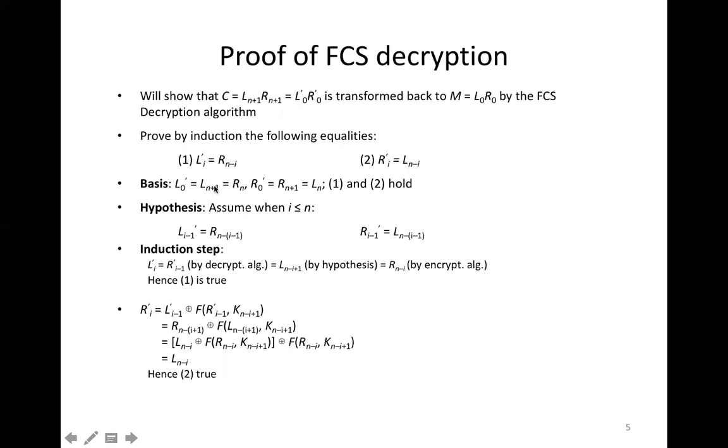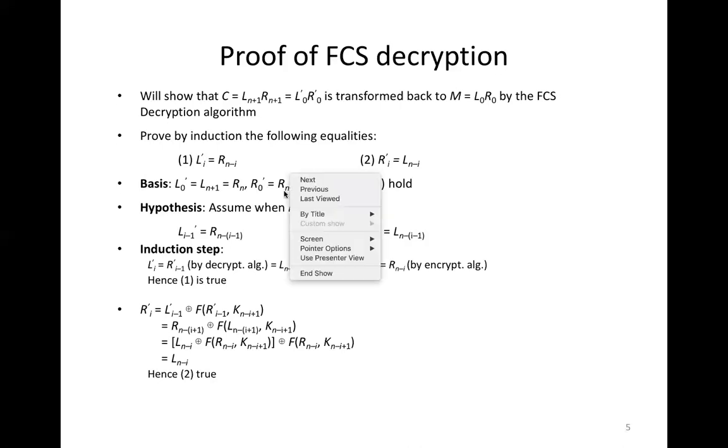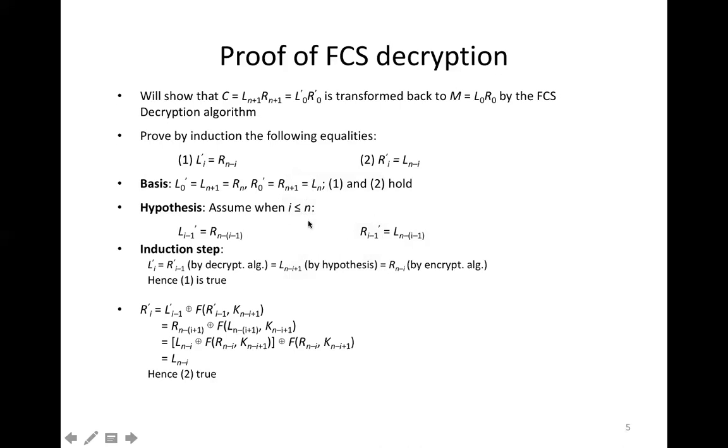Remember, when we get down to this, we do a swap that becomes an L sub n plus 1. Similarly, R0 prime is equal to R sub n plus 1, which is L sub n. So when i is equal to 0, both 1 and 2 are true.